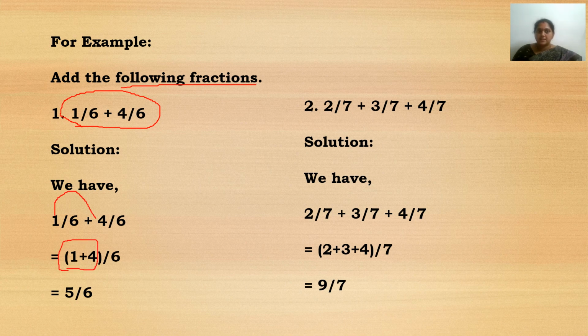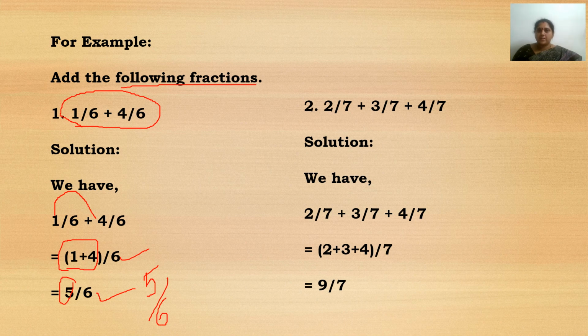What will be my answer? It will be 5. We write the same denominator down, carrying the denominator forward. So our fraction is 5 by 6. We just added the numerators and wrote the denominator the same as it is.